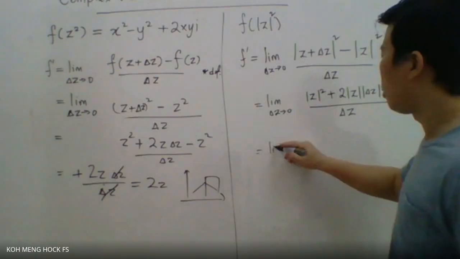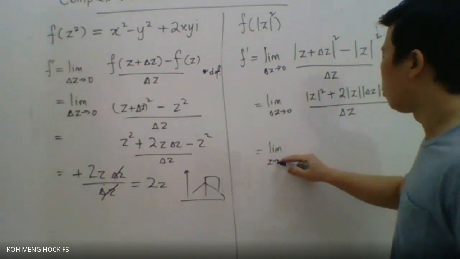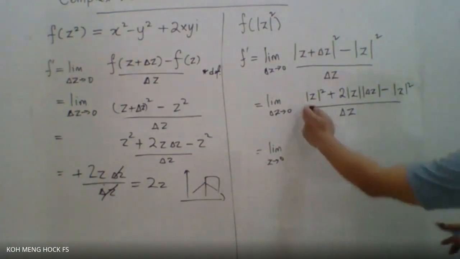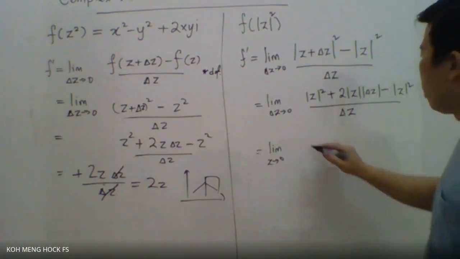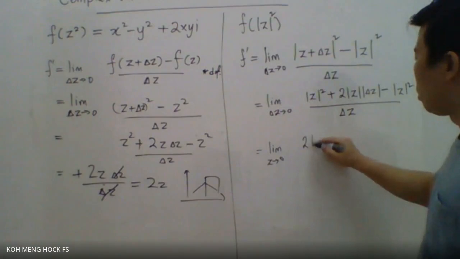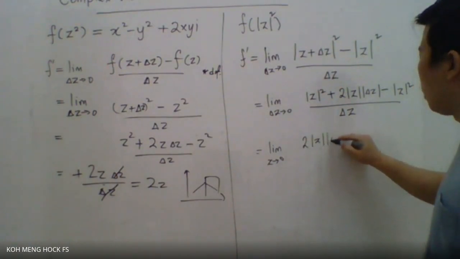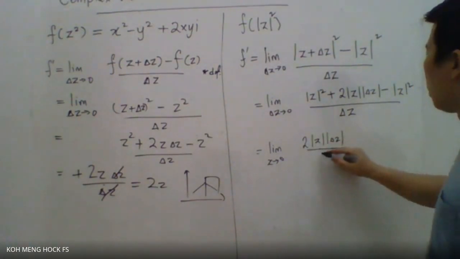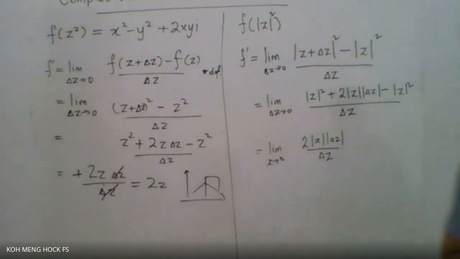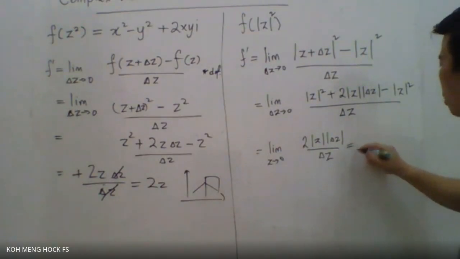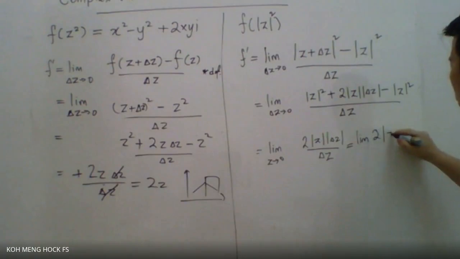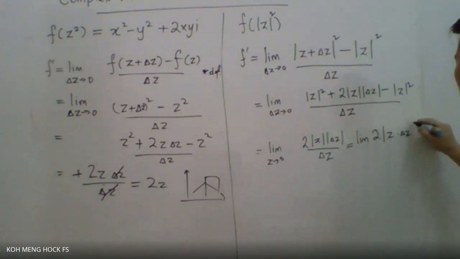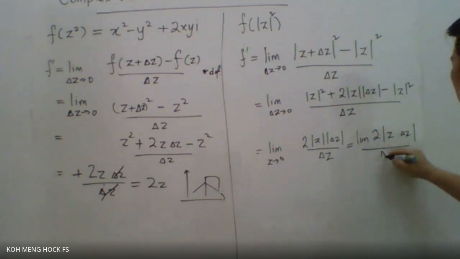So now here you have a limit. Here is the absolute value of z squared, and this one is going to cancel, right? So now you have 2z delta z. Or let's just simply write this as the limit of 2z delta z over delta z.